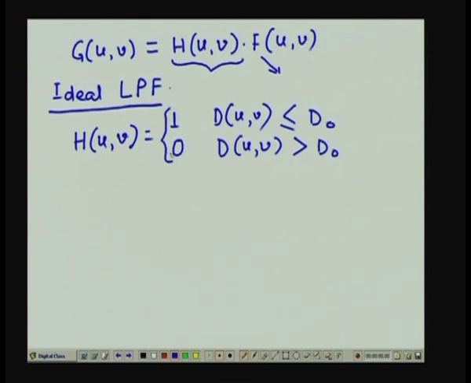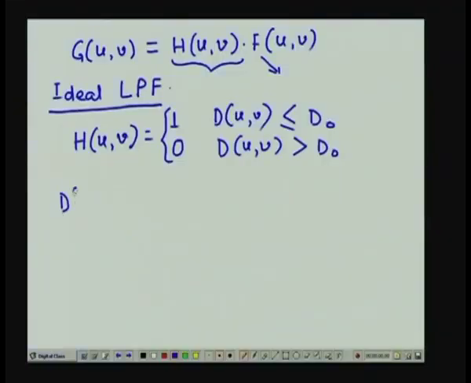So, this clearly means that if I multiply F(u,v) with such an H(u,v), then all the frequency components lying within a circle of radius D0 will be passed to the output, and all the frequency components lying outside this circle of radius D0 will not be allowed to be passed to the output.